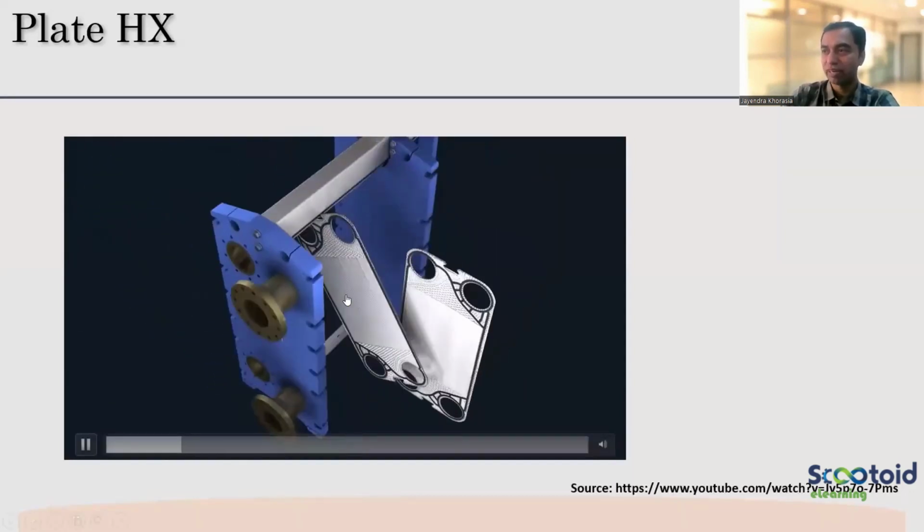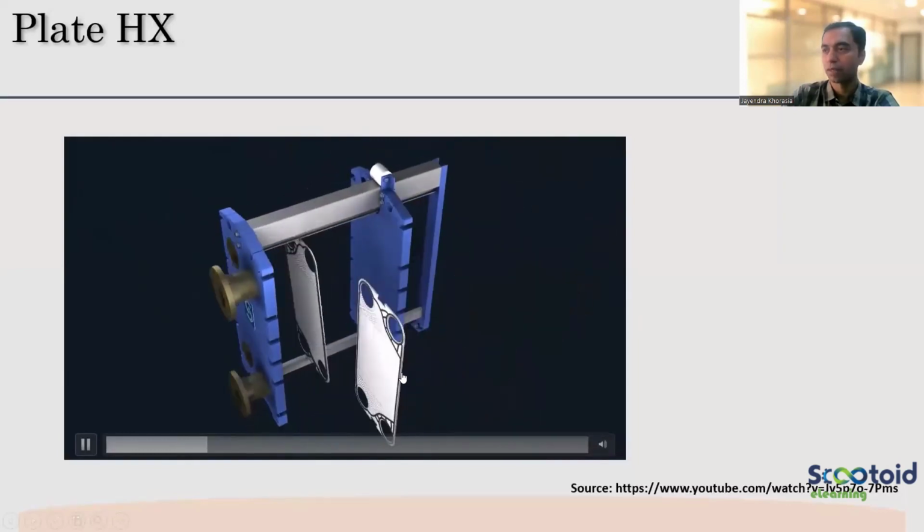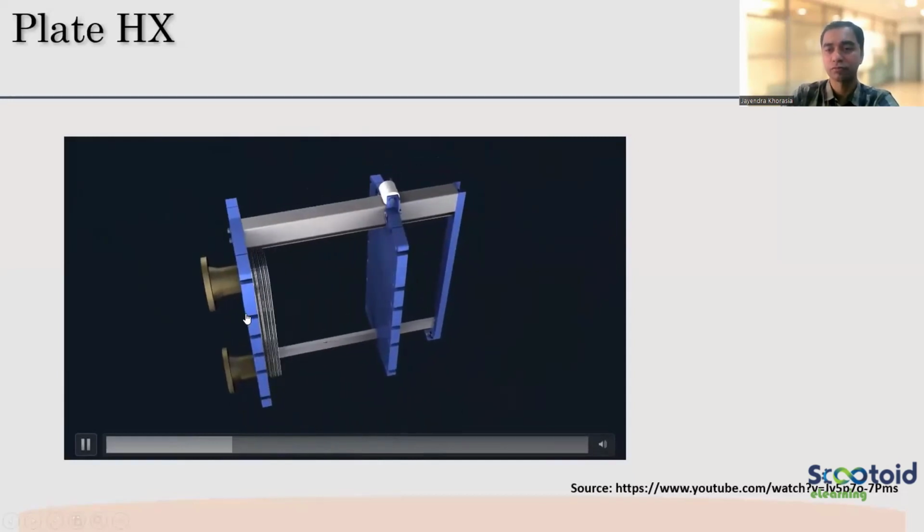So these gaskets will ensure that the fluid doesn't get mixed. It is sandwiched in such a way that the fluid will not get mixed.